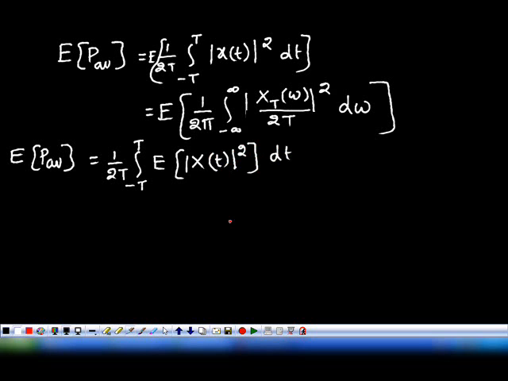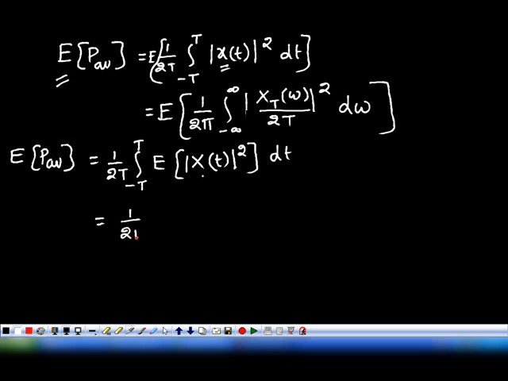Why have I written like that? See, I replaced the small x of t with capital X of t. Now, this indicates the entire ensemble. We are taking the expectation, that is not for one sample function. This is for the entire random process. So you can replace this x of t with capital X of t.